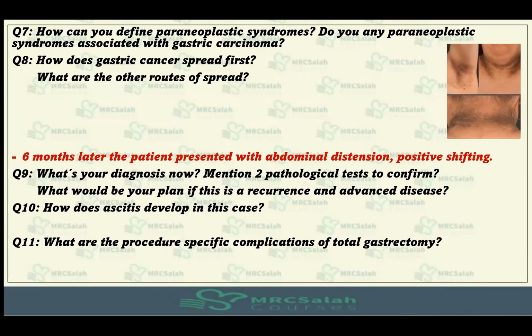For early dumping, there is a large amount of hyperosmolar fluid. When does early dumping occur? Early, about half an hour to 1 hour after eating. And late, about 3 hours after eating.